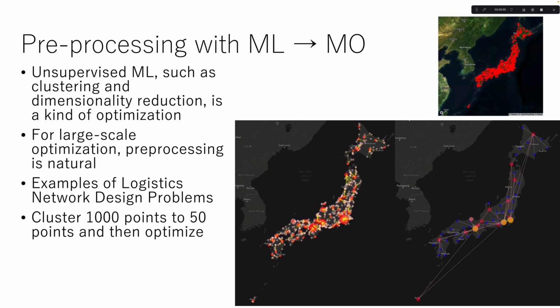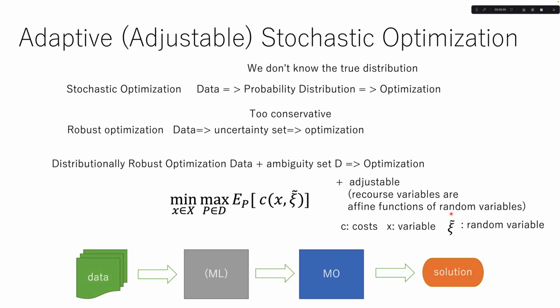There are also various other methods under the ML first, MO second pattern. Classical stochastic optimization and its variations can also be considered part of this category if viewed as applying mathematical optimization after processing data. In classical stochastic optimization, the probability distribution of random variables is estimated based on data.